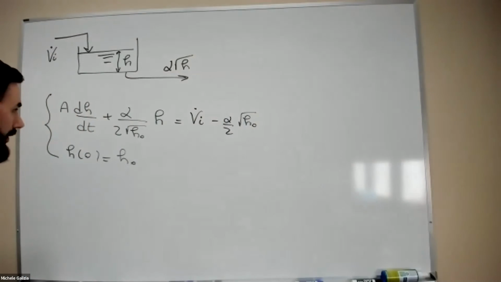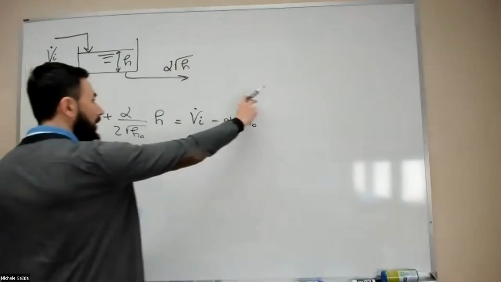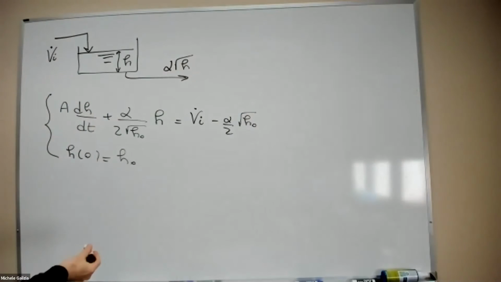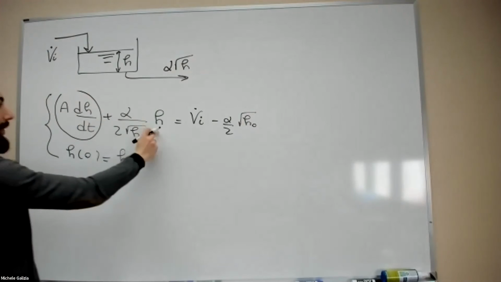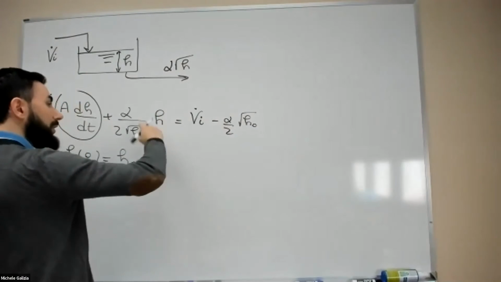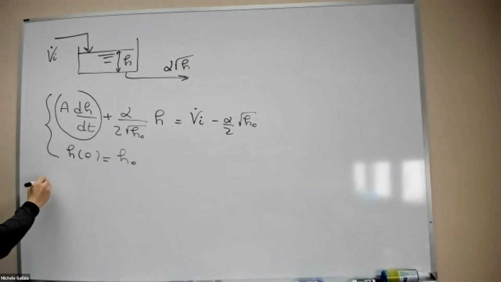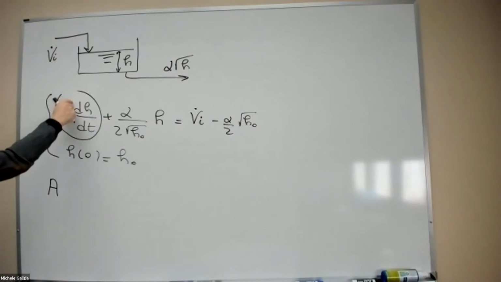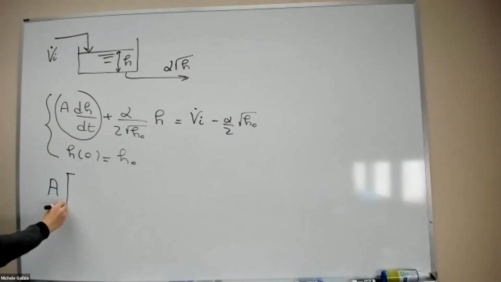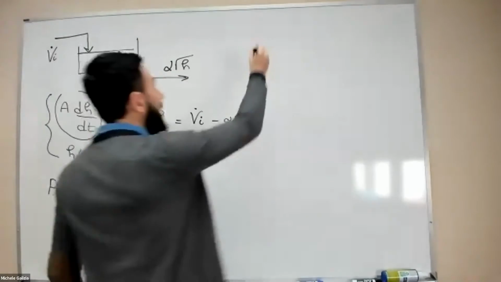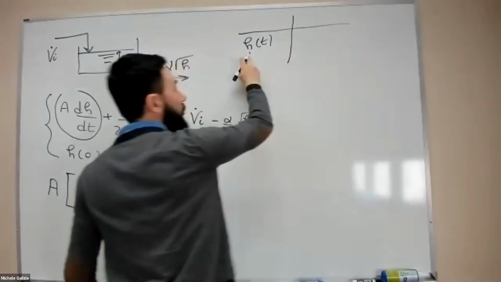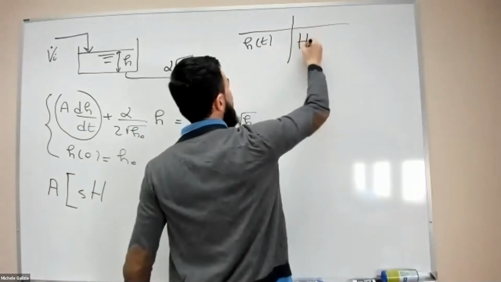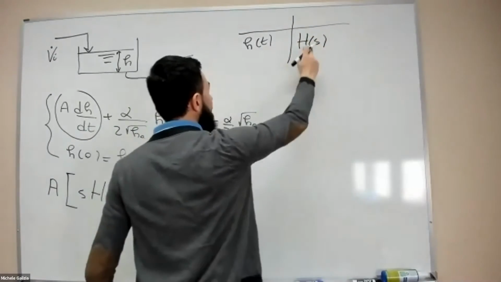So, we have to solve this differential equation. Let's transform with Laplace. The Laplace transform of a summation is the summation of the Laplace transforms. So, A times the transform of this derivative. By definition, s H capitalized. h is the level in the time domain, H capitalized is the level in the Laplace domain.